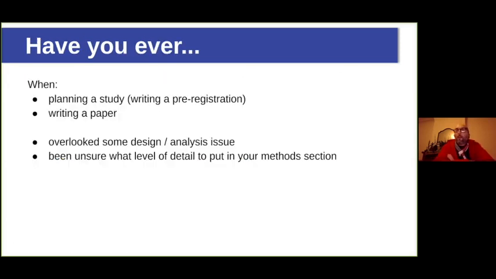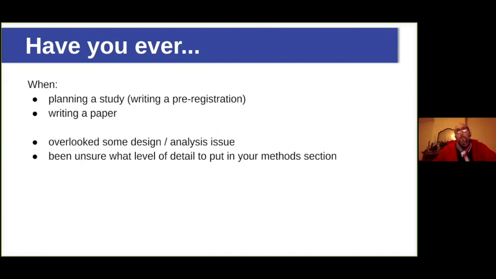Okay, I'm going to start with a series of rhetorical questions. Have you ever, when planning a study, or writing a pre-registration, or writing a paper, overlooked some design or analysis detail that you didn't put in the methods section, or been unsure what level of detail you should put in your methods section?